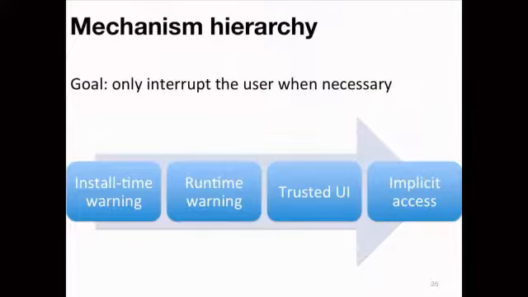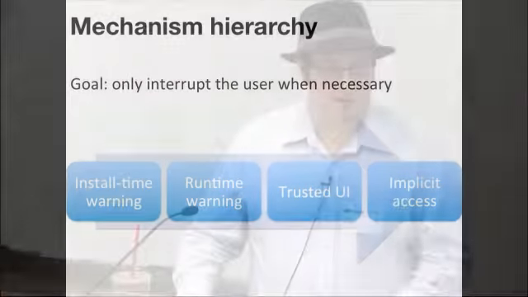From this, we've created a mechanism hierarchy in terms of desirability. The base case are the install time warnings, which are generally undesirable, but they're a one-size-fits-all approach. They're applicable to pretty much any permission. At the other end of the spectrum, there's the implicit access, which is most desirable, but you can't always use it.